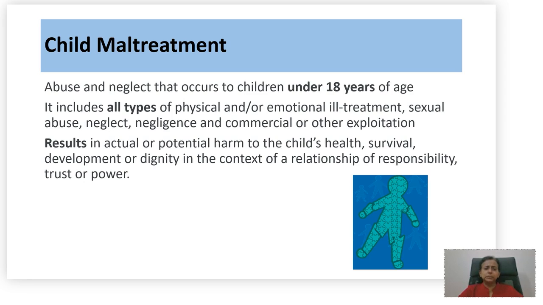This results in actual or potential harm to the child's health, survival, development, or dignity, in the context of a relationship of responsibility, trust or power. So this is the WHO definition. I think it has changed over time as well, and this is what they use as the definition.